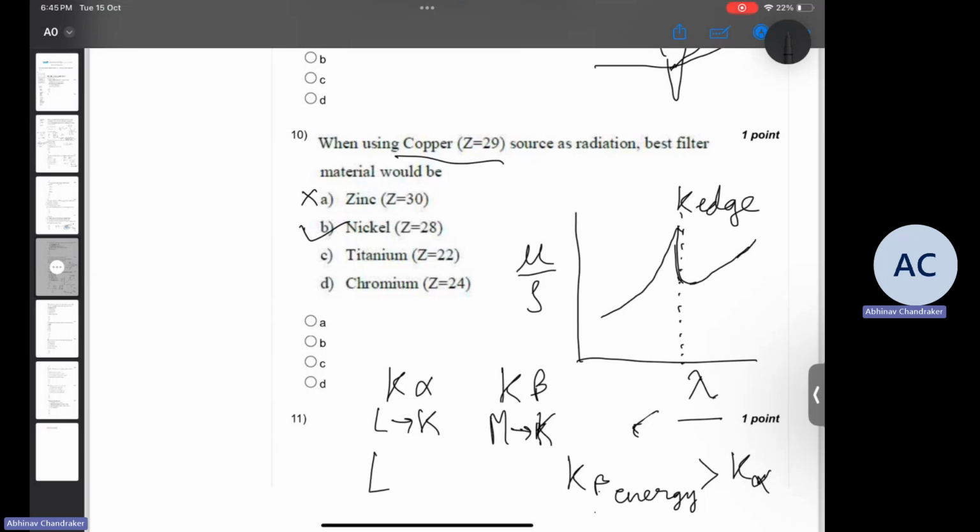As a result, we'll have a K edge in the filter material, which is nickel. But K alpha X-rays coming from copper will not have enough energy to knock out the K shell electrons of nickel. As a result, K alpha will not get absorbed. That is why nickel will be a suitable filter material for copper.